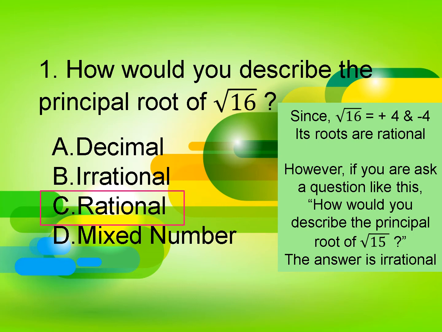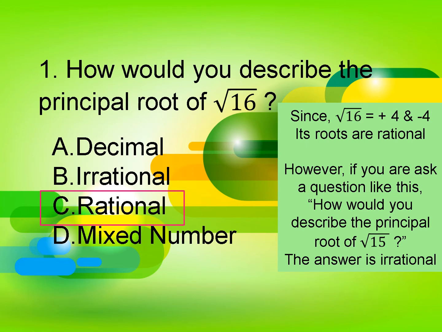Another clue is, if your radicand is a perfect square, then when you extract its square root, its principal root is a rational number. However, if you're asked a question like this, how would you describe the principal root of square root of 15?